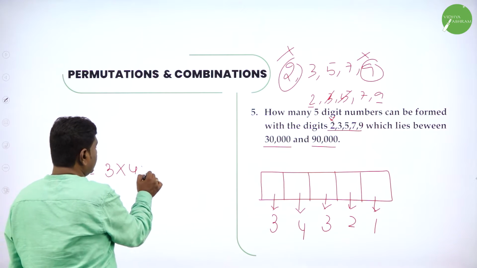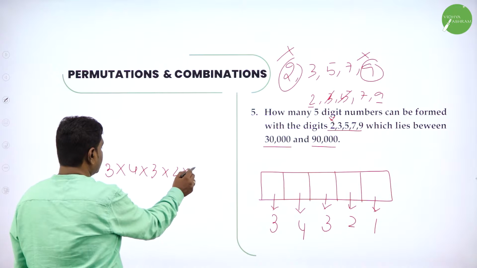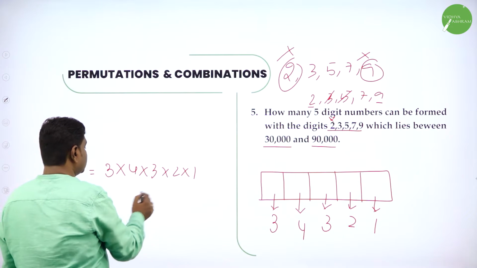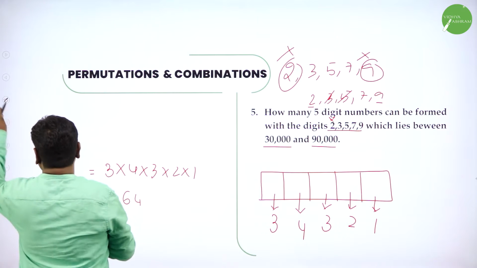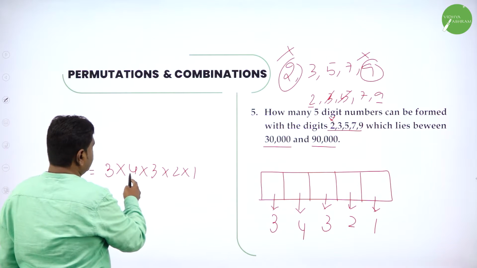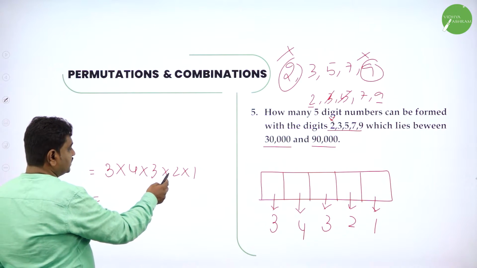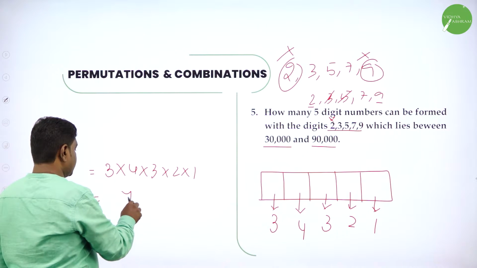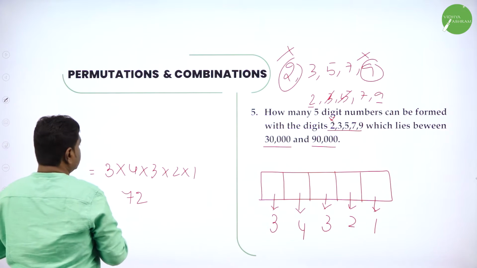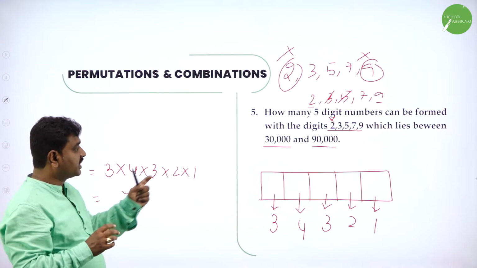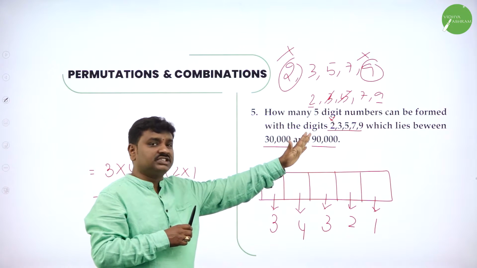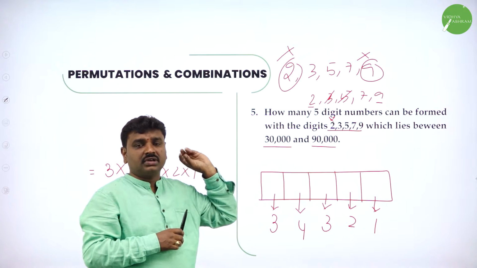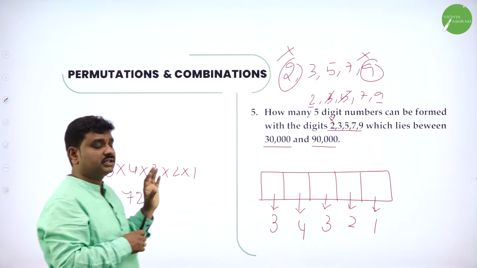So 3 into 4 into 3 into 2 into 1. 3 4s are 12, 3s are 36, 36 into 2, 72. So 72 numbers lying between 30,000 and 90,000 can be formed using these digits without repeating. I am not repeating any digit.